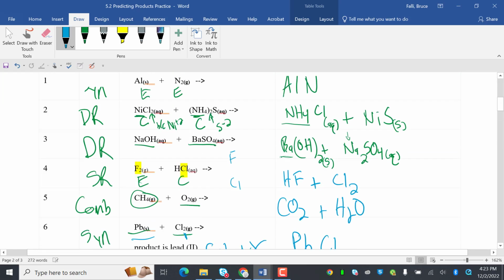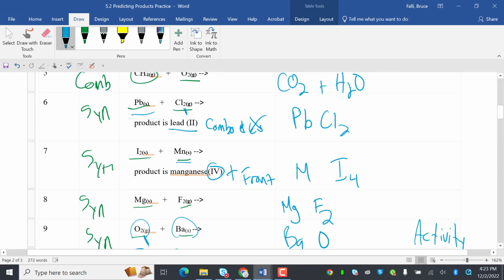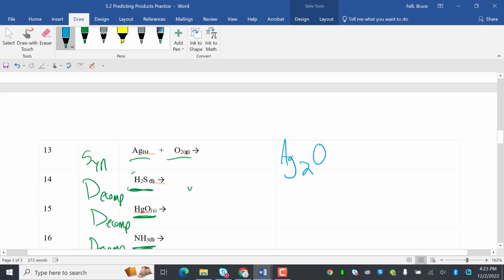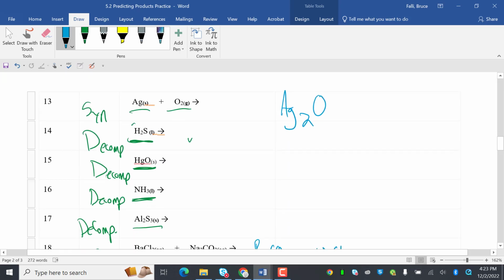I think all we have left is decomposition. So if I've got decomposition, I just have to write down my elements and look out for the diatomics.